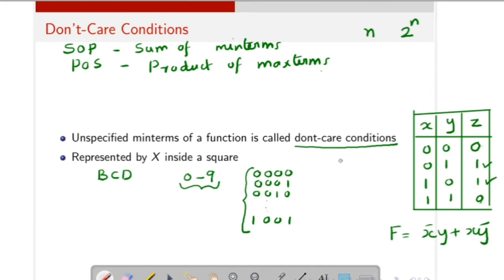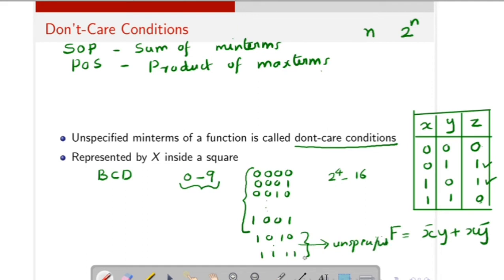So in the case of 4 input variables, there are 2 raised to 4, that is 16 combinations. But in these 16 combinations, we didn't consider 6 combinations, that is from 1010 to 1111. So these terms are unspecified.